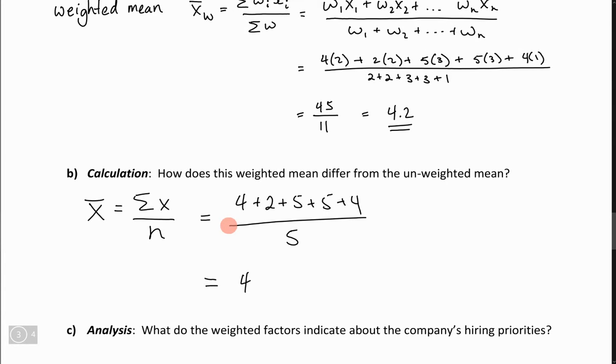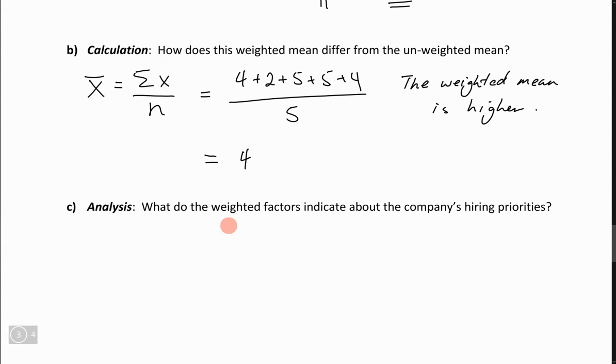So the weighted mean would be higher than the unweighted mean, which is more advantageous to the applicant. So I'll just say here the weighted mean is higher than your unweighted mean.